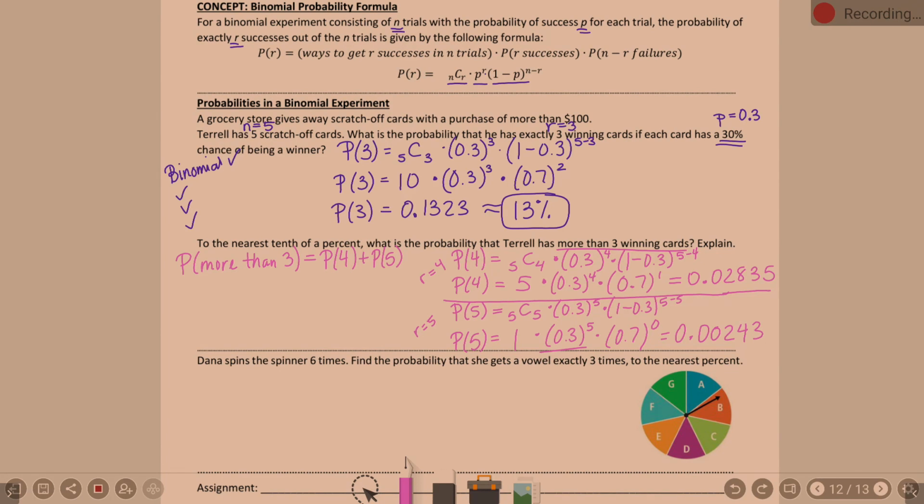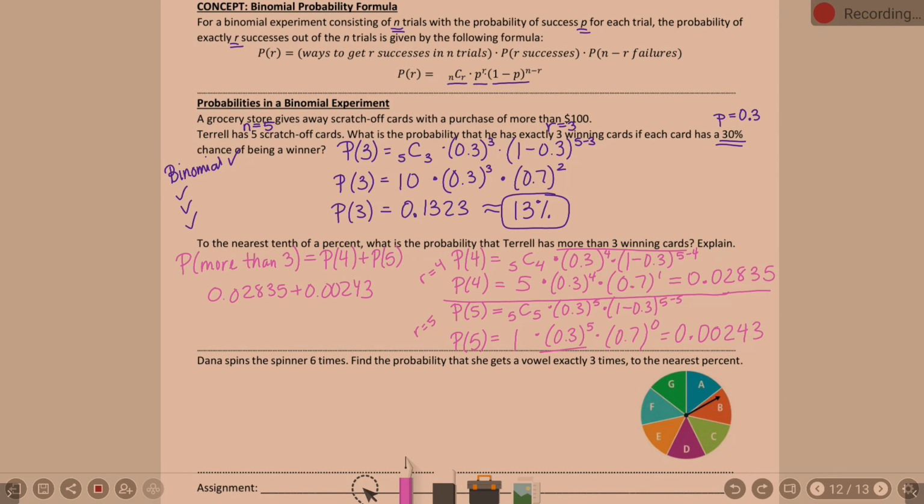So what are we going to do to find the probability of more than 3? We're going to take these two probabilities, 0.02835, and we're going to add it to 0.00243. Notice I didn't round them too soon.